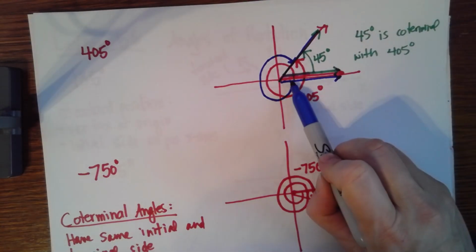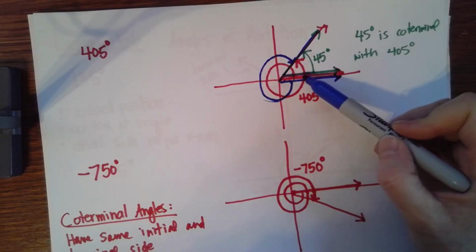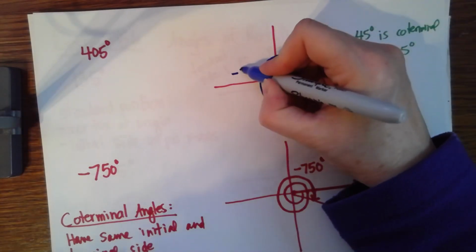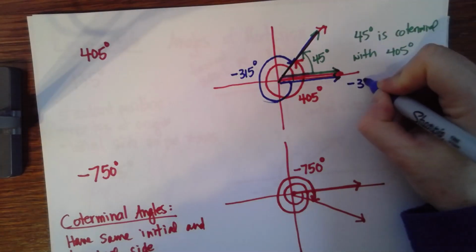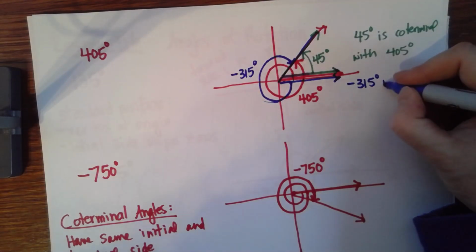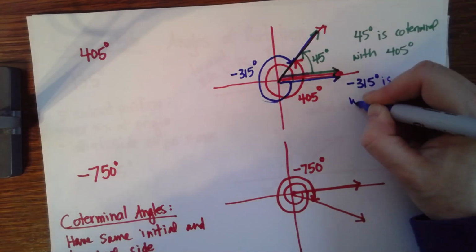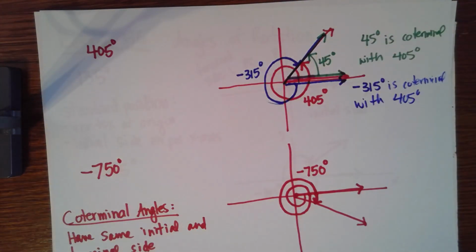Well, if I had to rotate backwards, I would stop 45 degrees shy of 360, so that's at negative 315 degrees. So negative 315 degrees is also coterminal with 405 degrees.